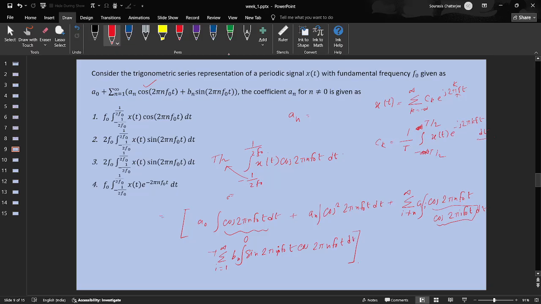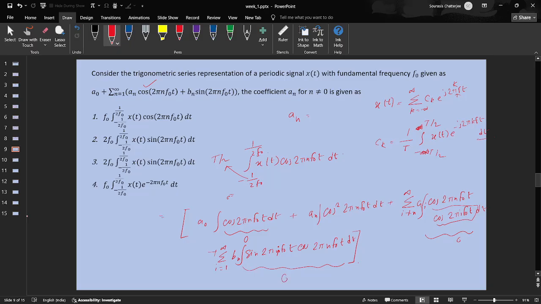So the moment i is not equal to n, it results in another sinusoid which has a fundamental frequency of i minus n. Essentially I am integrating it over multiple time cycles, so that also goes to 0. This one here, sine times cos, leads to two sinusoids, both of which will again go to 0 by the same argument, because you are integrating over multiples of their own time period.